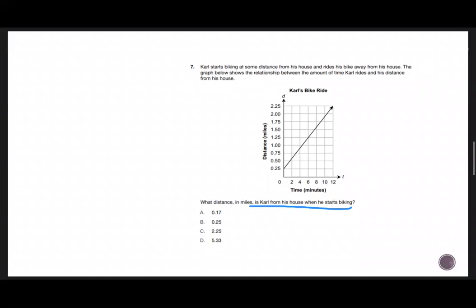When he starts biking, the time is 0. So we just need to know the point when t is equal to 0. The distance when time is equal to 0 is 0.25. So realistically, what they were looking for there was the y-intercept, and we found that.